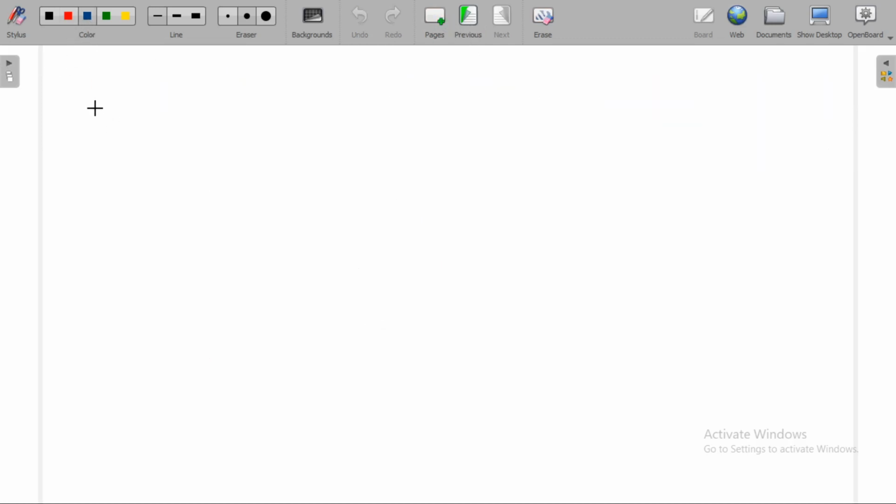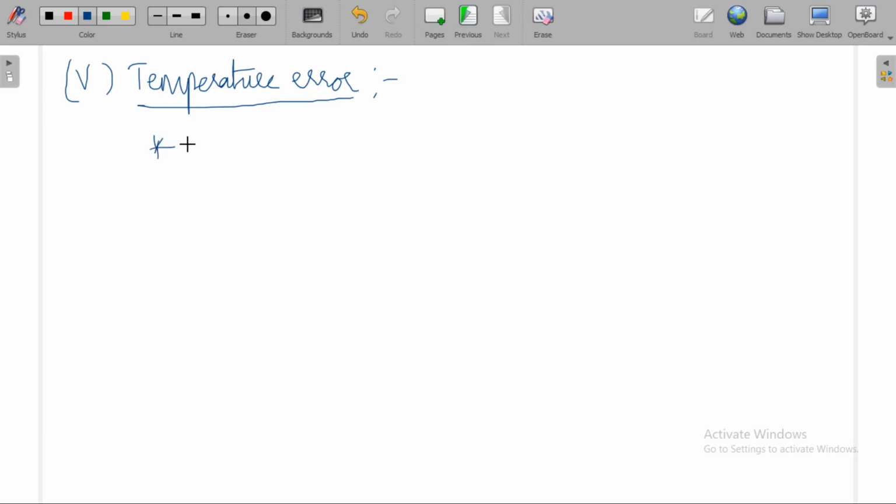And the last one is temperature error. As it is an aluminum disc, it is resistive in nature, 99% resistive.